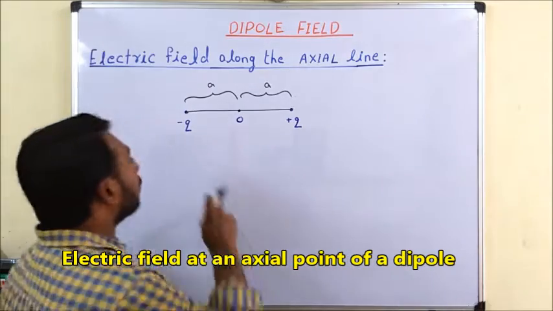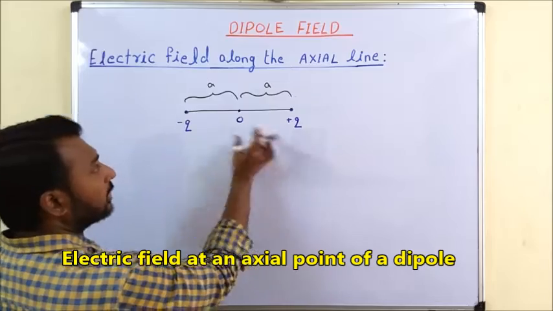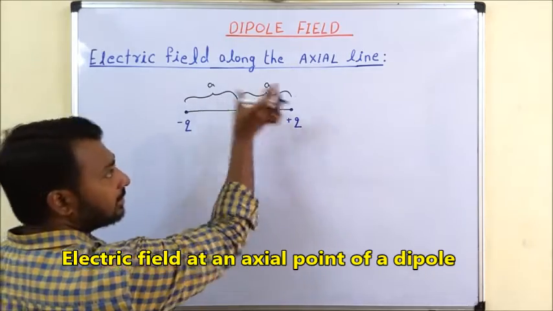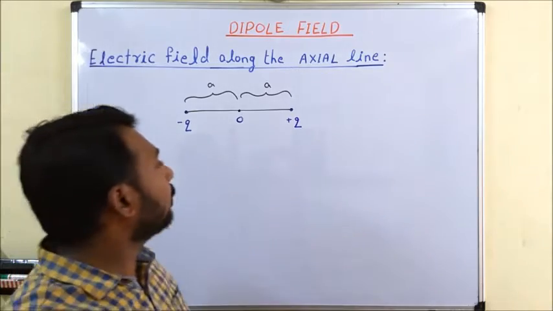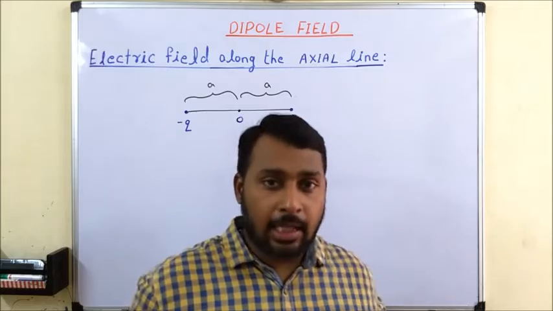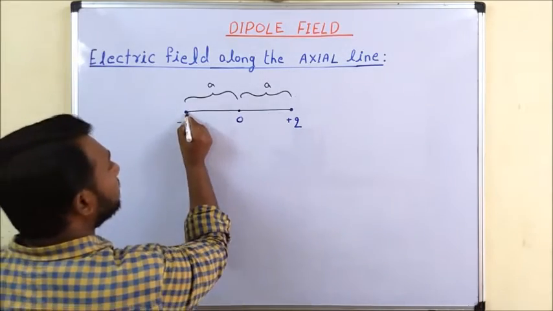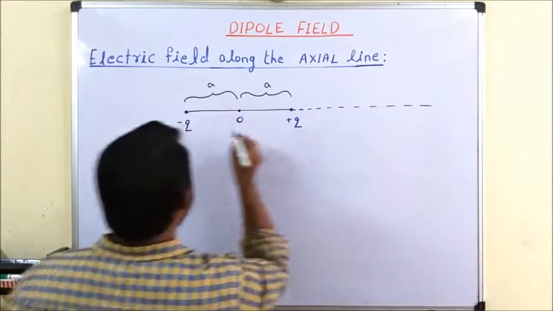Look at the board. We have a dipole, minus Q and plus Q, separated by a small distance, that is A plus A. And O is the center of the dipole. Now we are going to calculate the electric field along the axial line. Axial line means, this is the dipole axis. If you extend, this is the axial line.